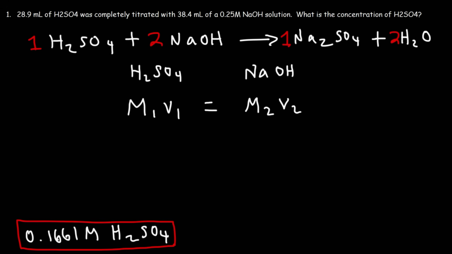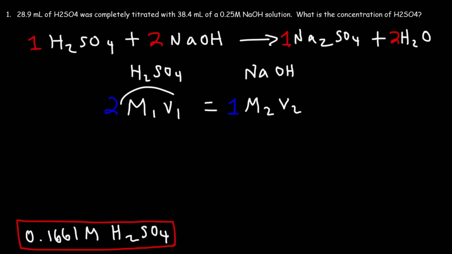In order for this equation to work, we need to take into account the 1:2 molar ratio of H2SO4 and sodium hydroxide. And the way we could do that is by looking at the number of protons in sulfuric acid and the number of hydroxide ions in the NaOH formula unit. So in one formula unit of H2SO4, there are 2 protons. And in one formula unit of sodium hydroxide, there's only 1 hydroxide ion. So once you incorporate that, this formula is going to work.